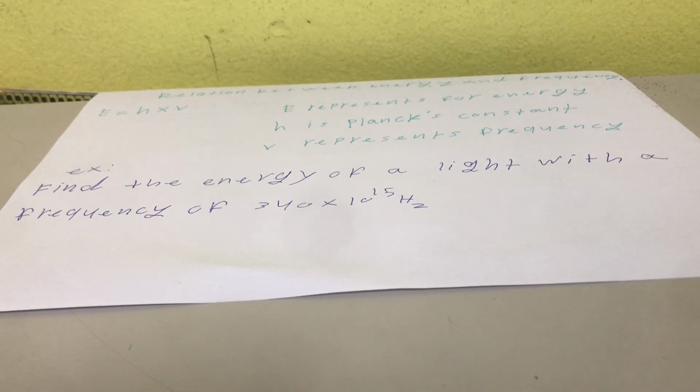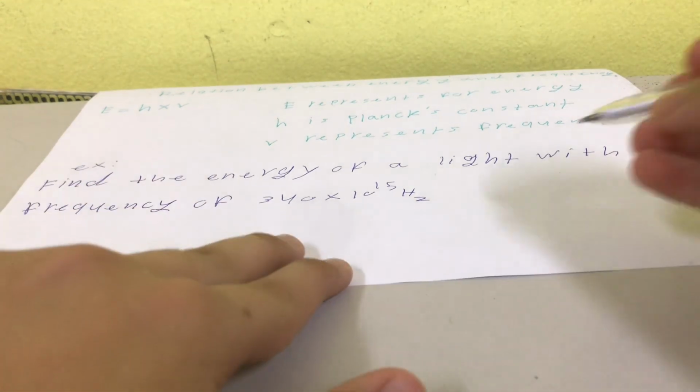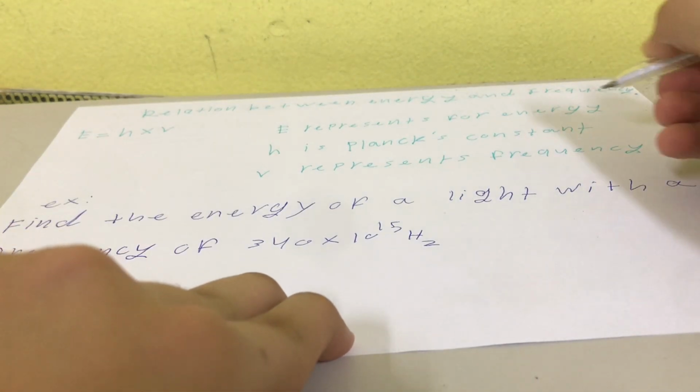Planck's constant H has a value of 6.626 multiplied by 10 raised to the negative 34th power joules, where J is the symbol for joule, the SI unit for energy.